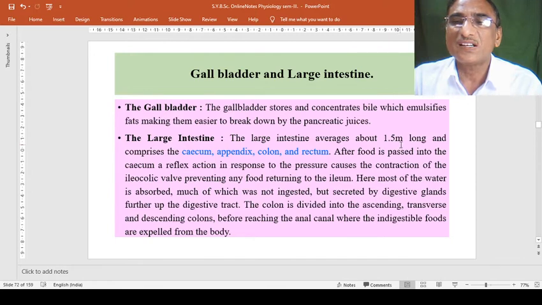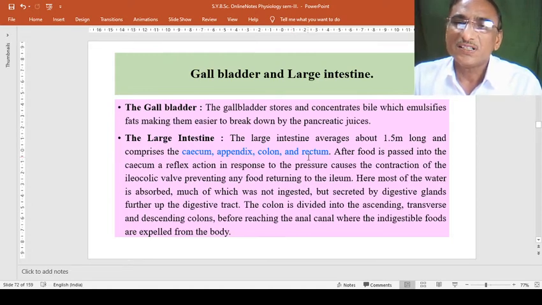After that the food passes into the large intestine, which is on average 1.5 meters long, and it comprises the cecum, appendix, colon and rectum. These four organs also take part in digestion. Mainly they handle the water, minerals and other required elements or salts.